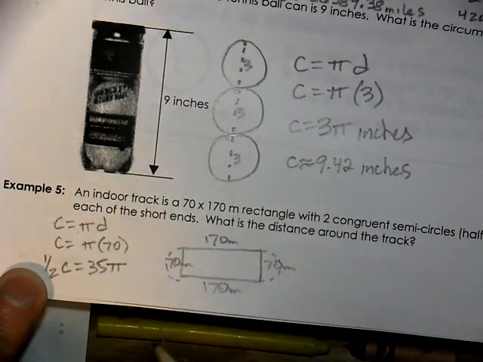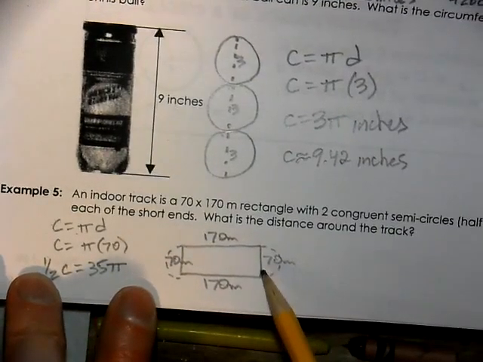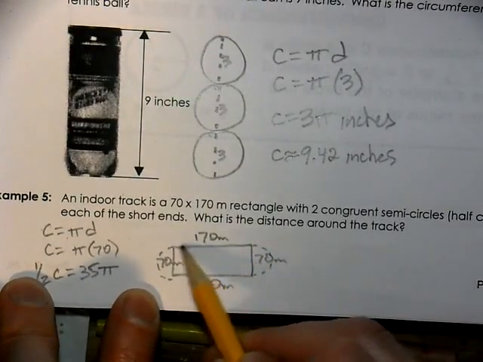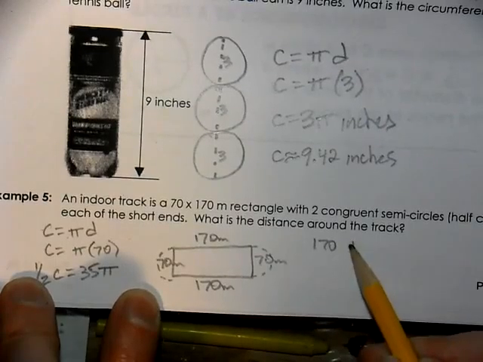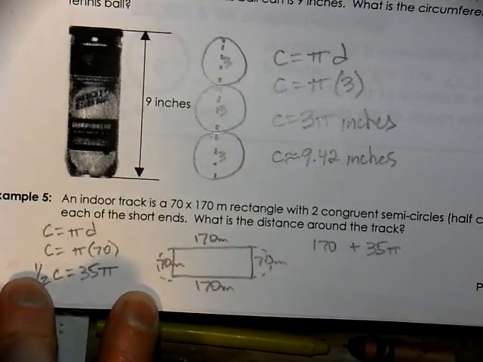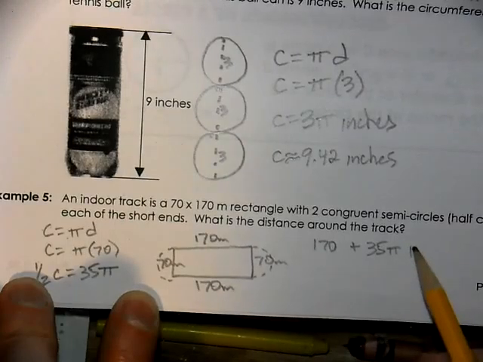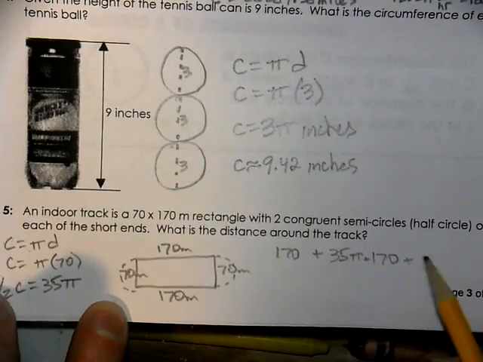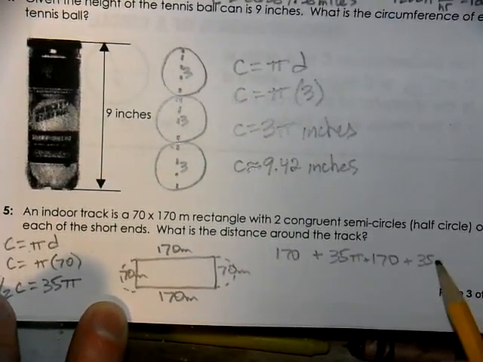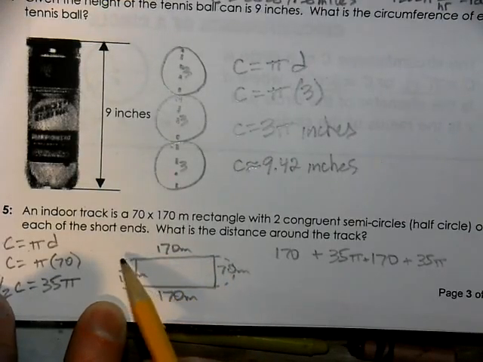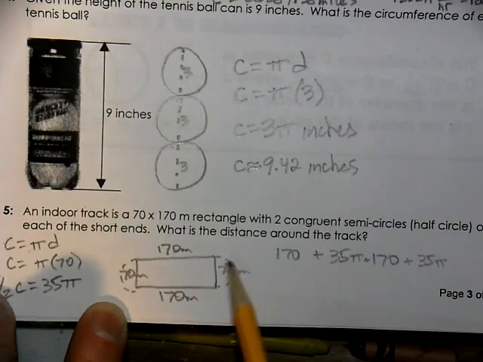So now, if that's 35 pi for the circumference and 35 on the other side, our total distance is to travel 170 plus the 35 pi plus 170 again down this side plus the 35 pi again to go around this curve. And that would take you from the beginning, down, around, back through, and around.